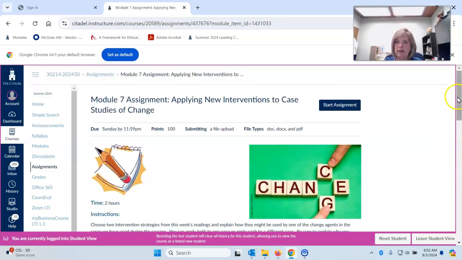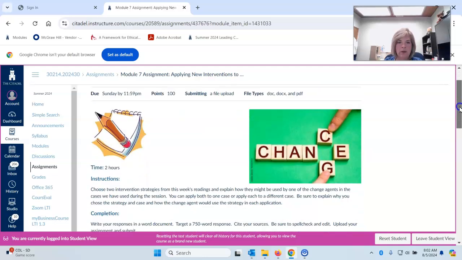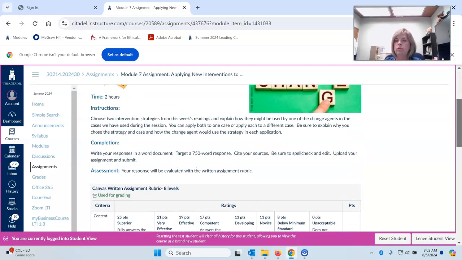And then your written assignment is the same kind of approach. Choose 2 intervention strategies from this week's reading and explain how they might be used by a change agent in one of the cases. So if you're interested in the hospital case or the football case or whichever one you might want to look at, that's a case study that we've used throughout the 7 weeks or 6 weeks so far, and apply 2 of the strategies.